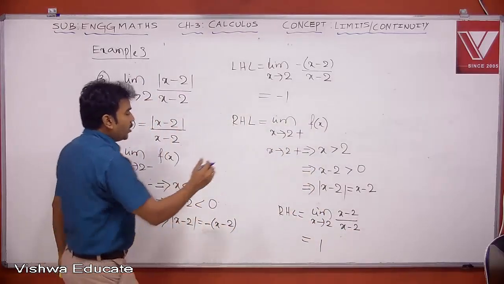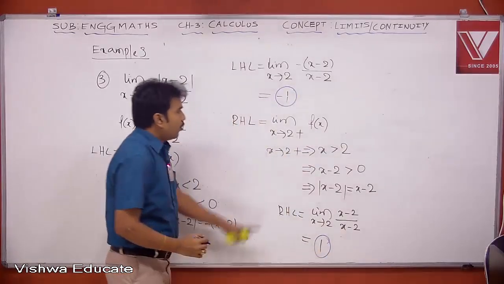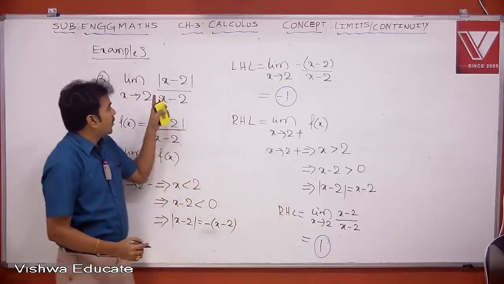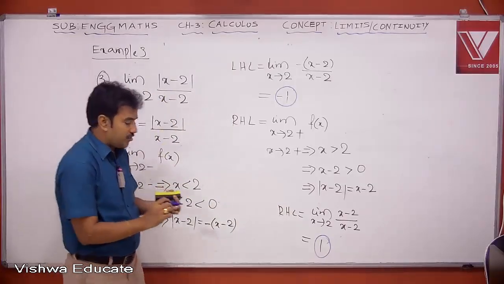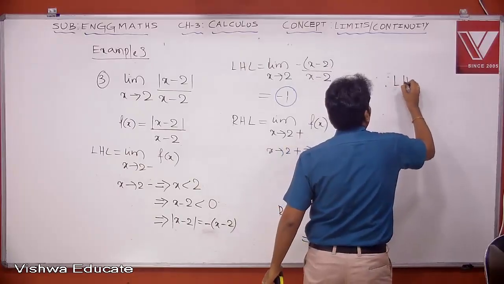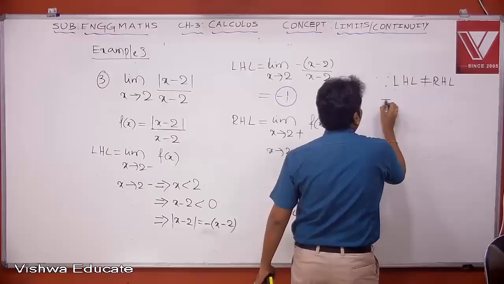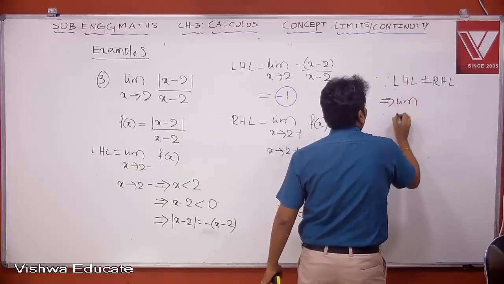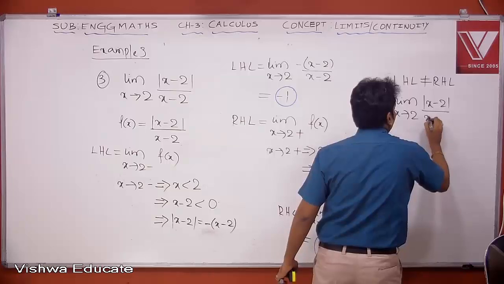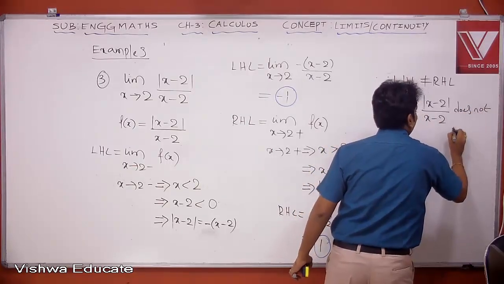Therefore LHL is minus 1 and RHL is plus 1. Both are finite numbers but different. Therefore this limit does not exist. The conclusion: since LHL is not equal to RHL, the limit as x tends to 2 of modulus of x minus 2 by x minus 2 does not exist.